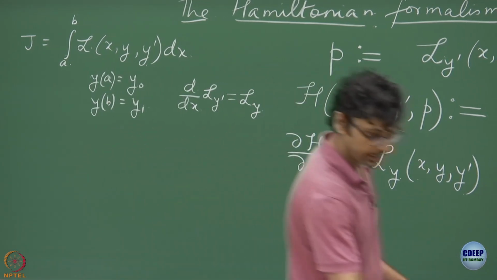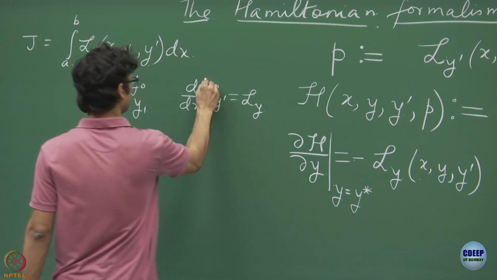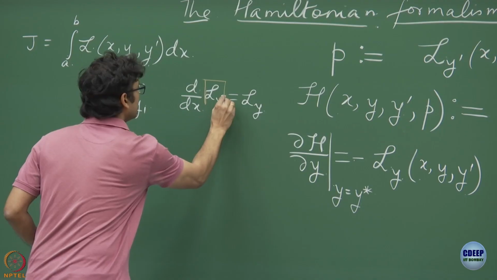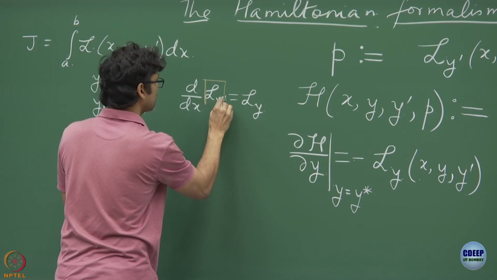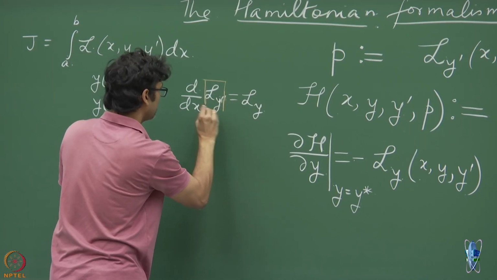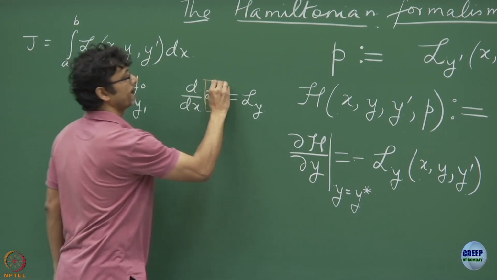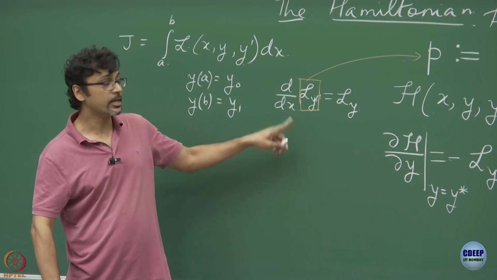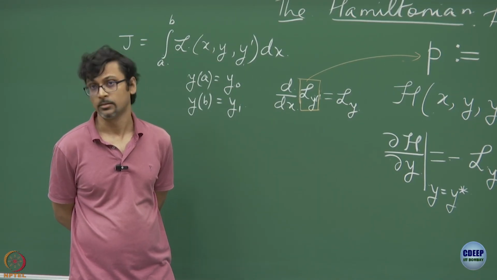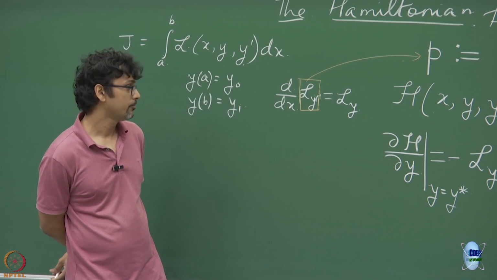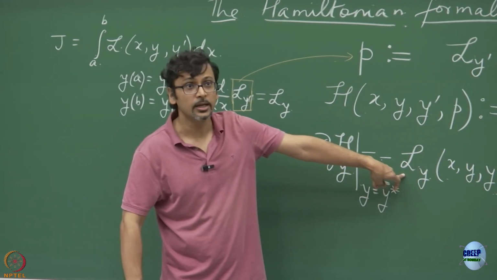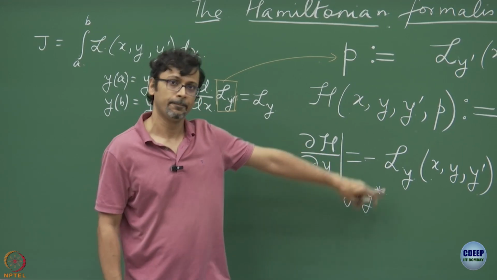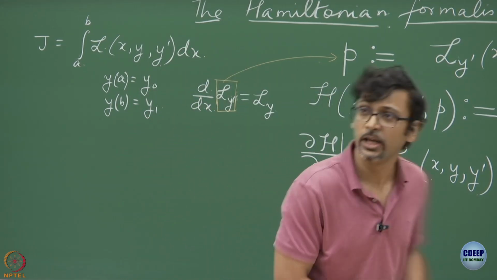But this object in turn, I should be a little careful about this, this object is sitting right here. So it's the d/dx of the momentum, right? So this fellow is the negative of the derivative of the momentum with respect to x. You agree? After invoking the Euler-Lagrange condition.